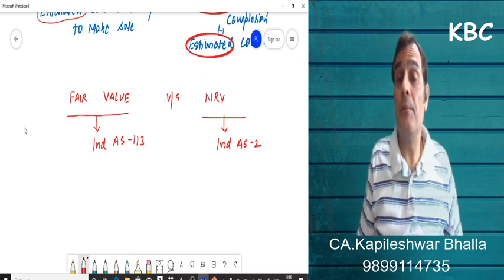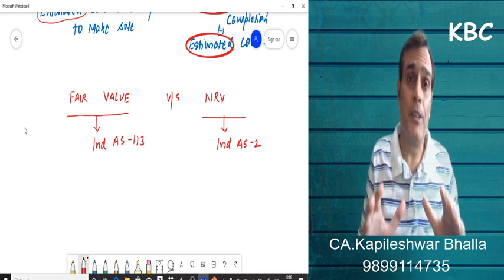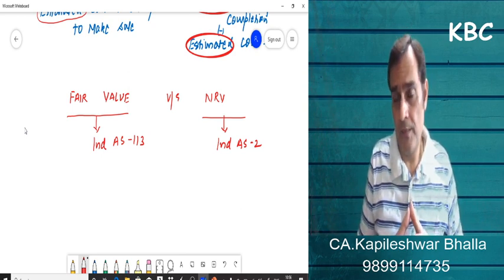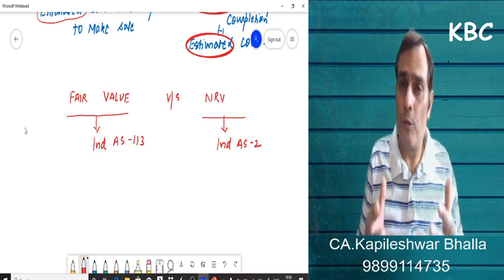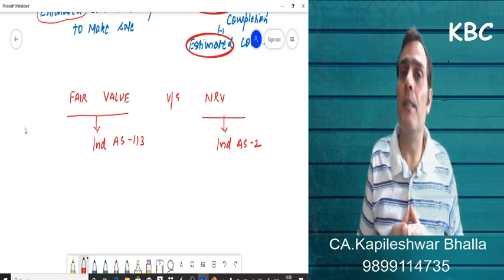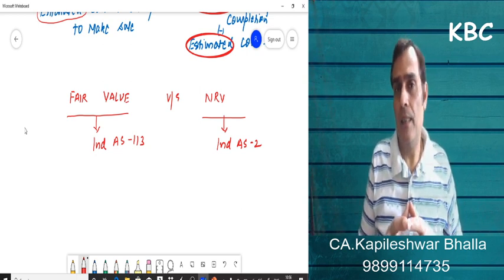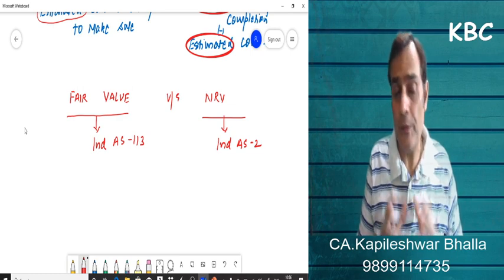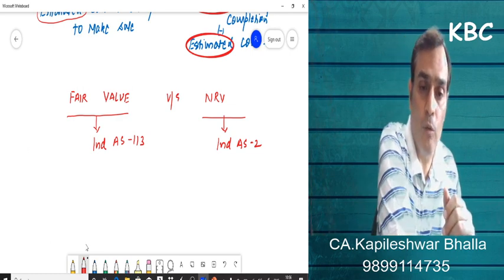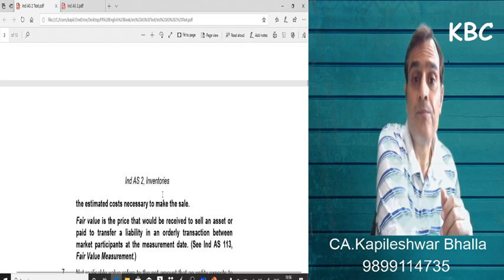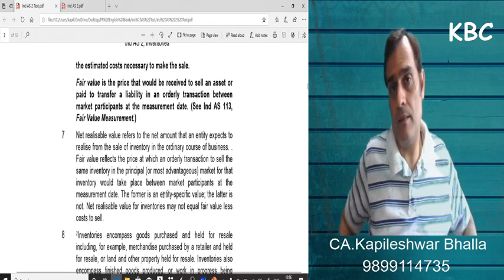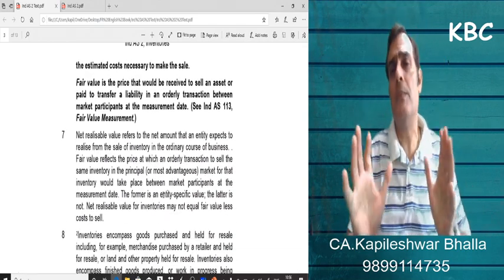I'll just give you some very basic inputs at this stage without getting into the nitty-gritties of Ind AS 113. Because when we do that standard, we're going to see in much deeper detail the concept of fair value. But I want to take your focus to the standard and at least read the definition of fair value to give you very basic inputs.